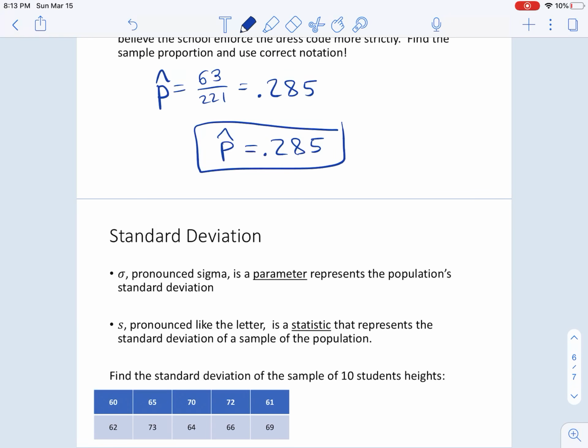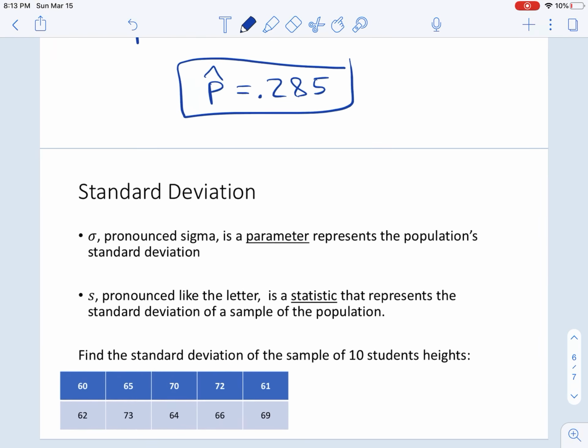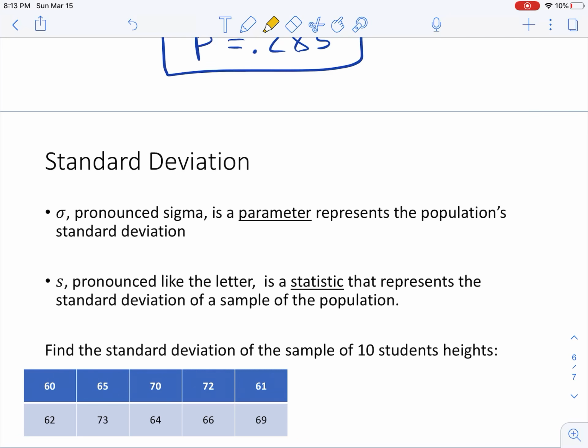So finally, let's do some standard deviation here. In standard deviation, sigma, this symbol, the circle with the line on it, as some of you call it, is a parameter that represents the population standard deviation. So the amount of variation or deviation in the entire population. S is the symbol we use to represent the same measurement, but for a sample rather than the entire population.